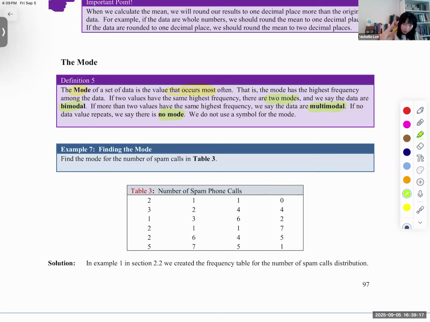Okay, so we have table 3. Find the mode for the number of spam calls in table 3, right? So what do you think? What is the most frequent? One? Is one the most frequent?